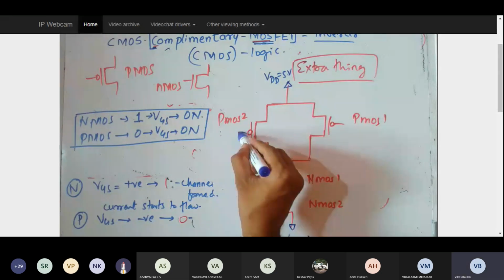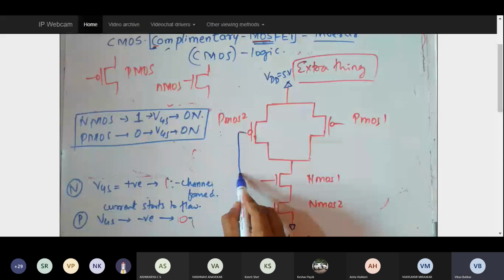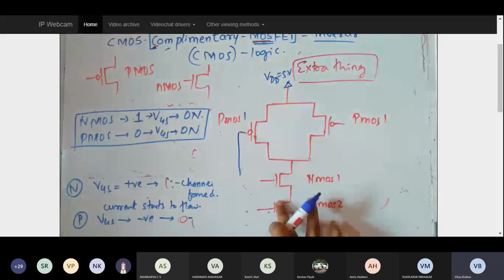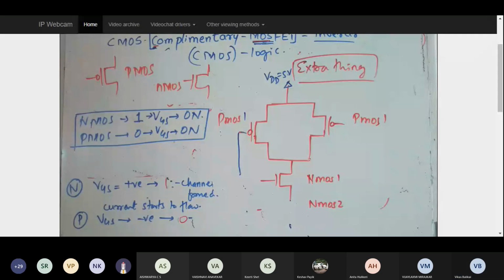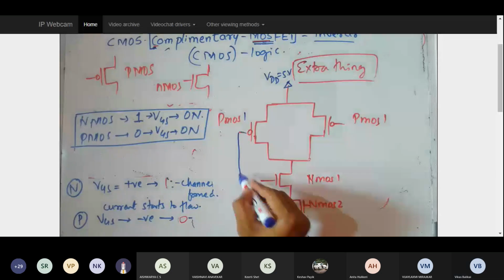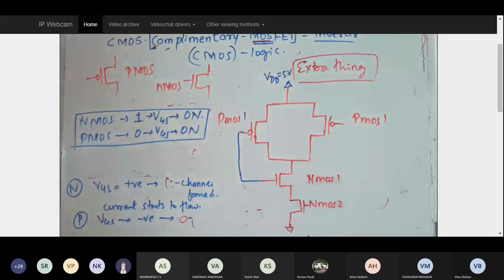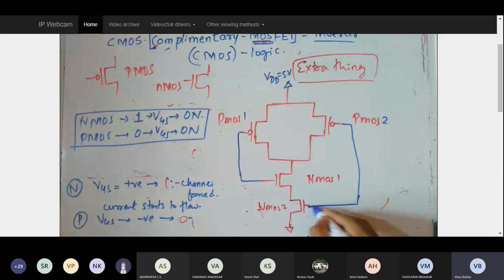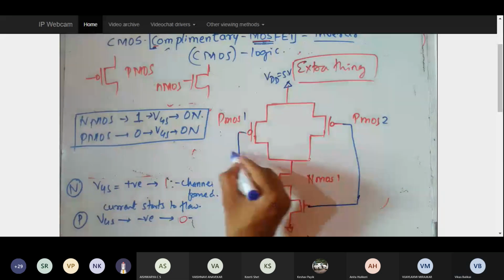I'm connecting one PMOS to one NMOS, and another PMOS to another NMOS. Now, because in the earlier case there was only one input, now there are two inputs. I'm going to name them A and B.